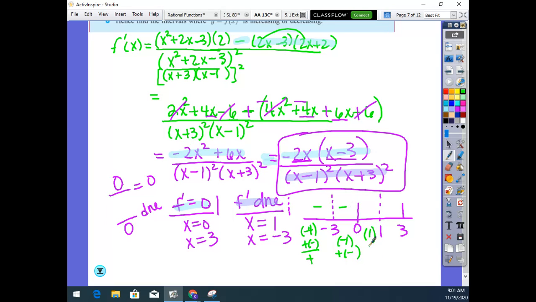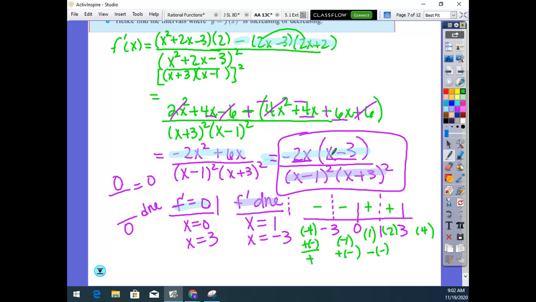Now we're going to pick a +1, sorry. -2 times 1 is a negative. 1 minus 3 is a negative, so this is going to be a positive. Then we're going to pick 2. Negative, negative, still positive. Then pick 4.